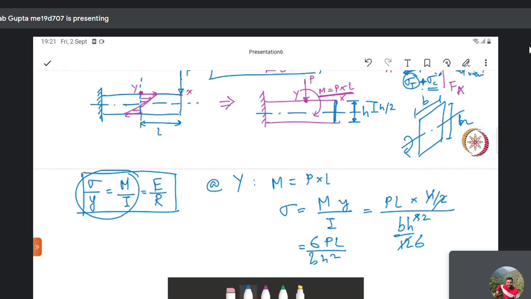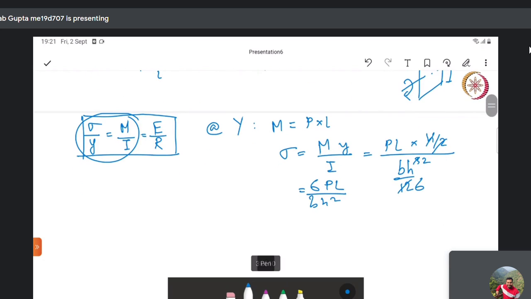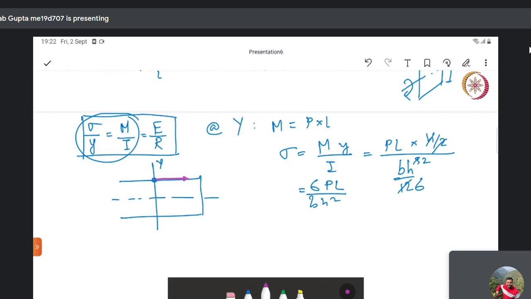Now, if you try to find out the strain, suppose this is the beam and this is that section Y. This gives you the stress at this particular region. So what is your strain gauge basically doing?